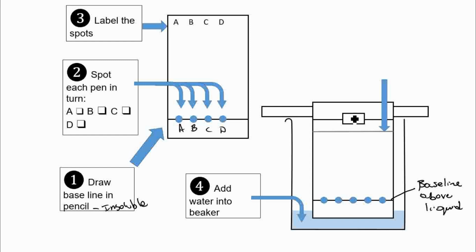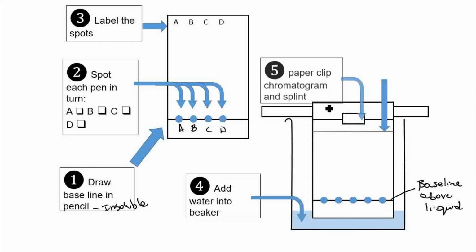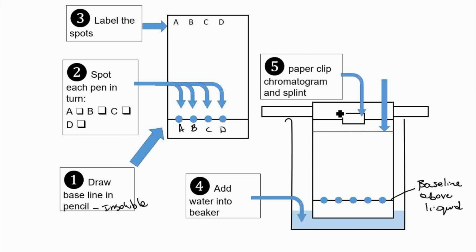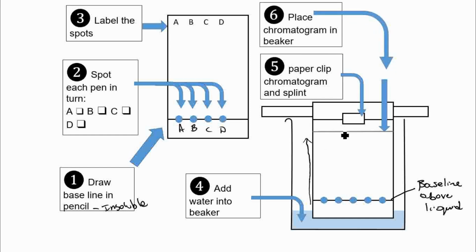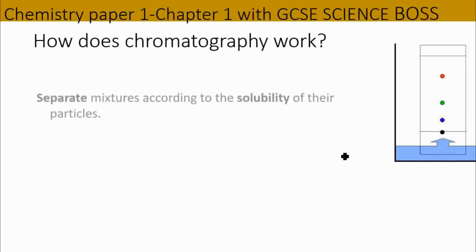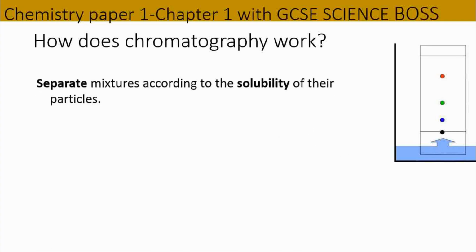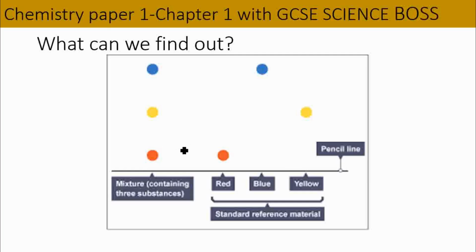You then use a paper clip to clip your chromatogram on the splint, which is a piece of wooden stick. Then you leave it for some time, allow the liquid to travel up the paper. Good, so chromatography is beginning to take place. At the end of that, it will look something like this. It will separate into its different components.